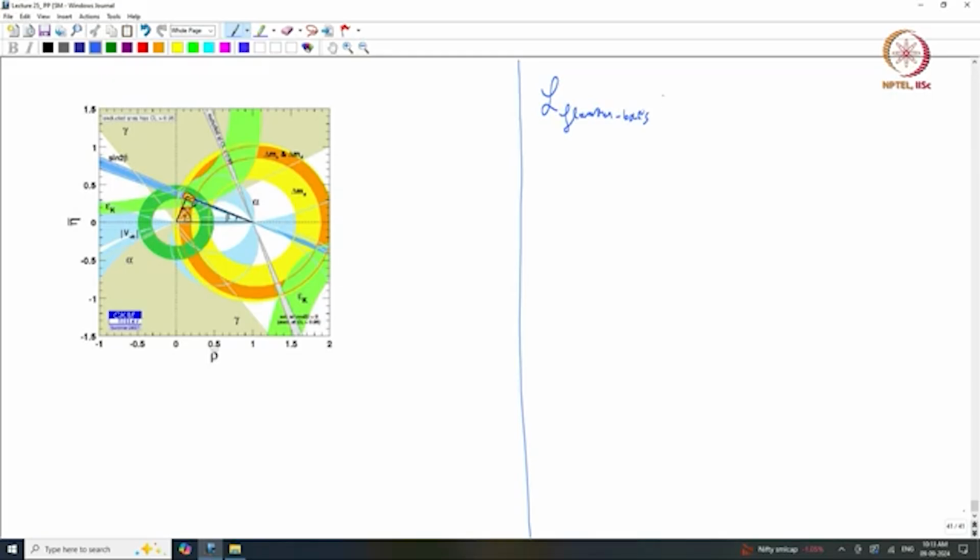In the flavor basis, I have ULI dagger, in exact analogy with the W boson interaction terms, I have this, correct? I am writing this in a very deliberate manner. In particular, the I index is a flavor index.